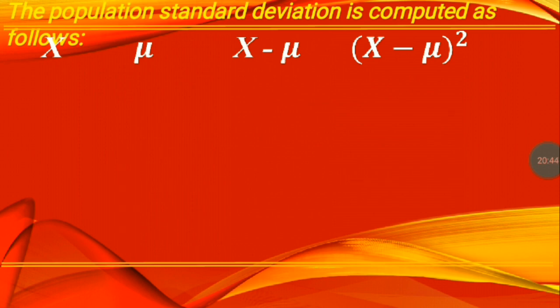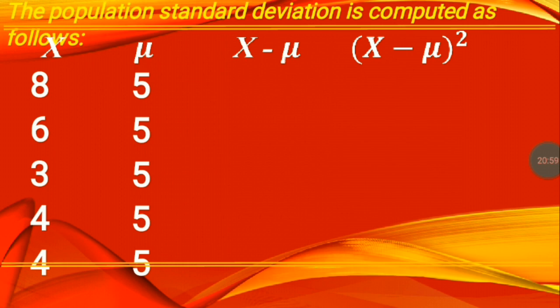After which, we are going to write down all the results. In our X column, those are our observations. And the population mean, we have 5. We'll write it all throughout. And for X minus the population mean, we have 8 minus 5, that's 3. 6 minus 5, that's 1. 3 minus 5, that's negative 2. 4 minus 5, that's negative 1. 4 minus 5 for the last row is negative 1.